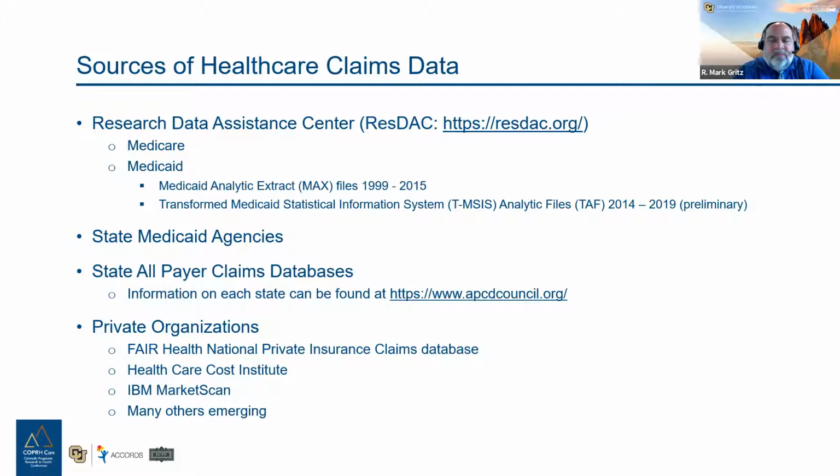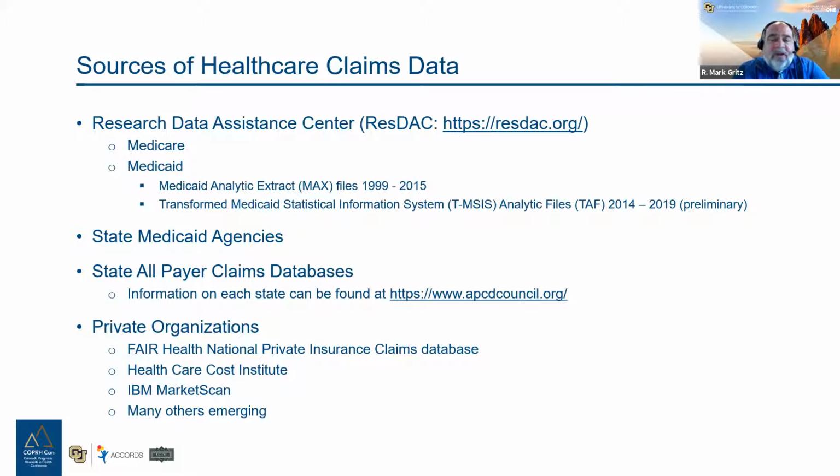One of the limitations of ResDAC data for Medicaid is that it is about 2 years delayed in terms of getting the data from states transformed and put into the TAF files. And that's why the 2019 files are still preliminary.